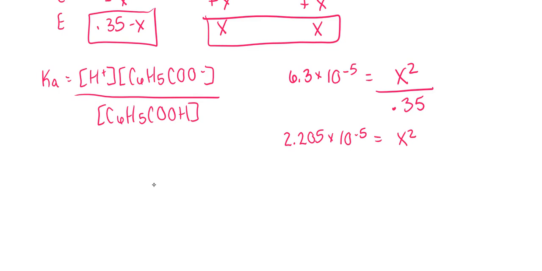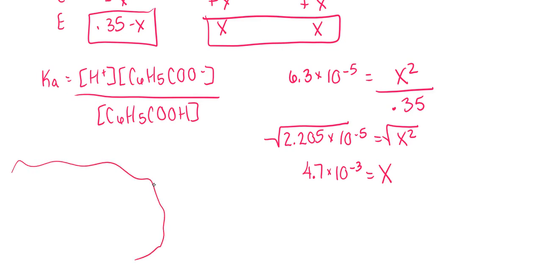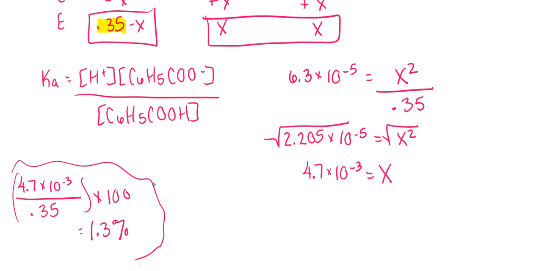And then to solve for X, take the square root of both sides. 4.7 times 10 to the negative third is equal to X. Again, we can make sure that follows the 5% rule by taking X, dividing by the concentration of our acid, and multiplying by 100. We would get 1.3%. Since it's less than 5, X is negligible.